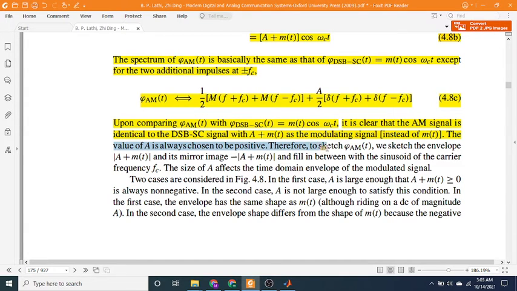Therefore, to sketch φAM(t), we sketch the envelope |A + m(t)| and its mirror image -|A + m(t)| and fill in between with the sinusoid of the carrier frequency ωc.